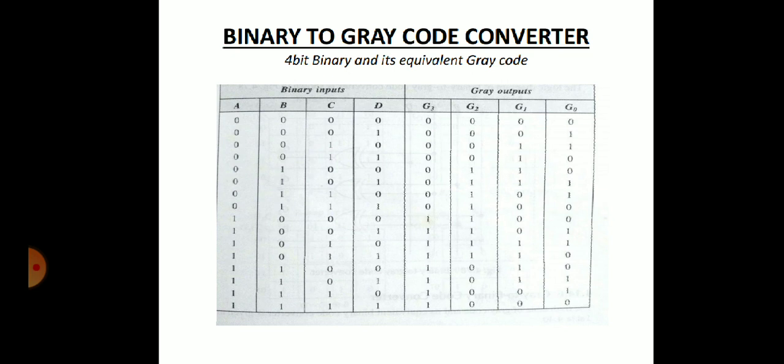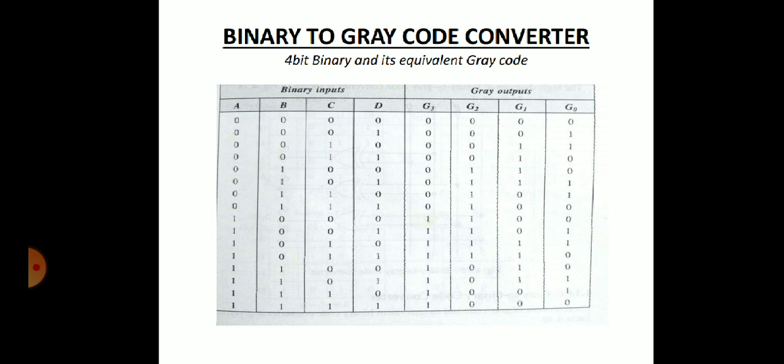Last, do XOR between C and D, that is 1 and 0, so result will be 1, write the value in G0, that is 1. So what will be the gray output? 1 0 0 1.